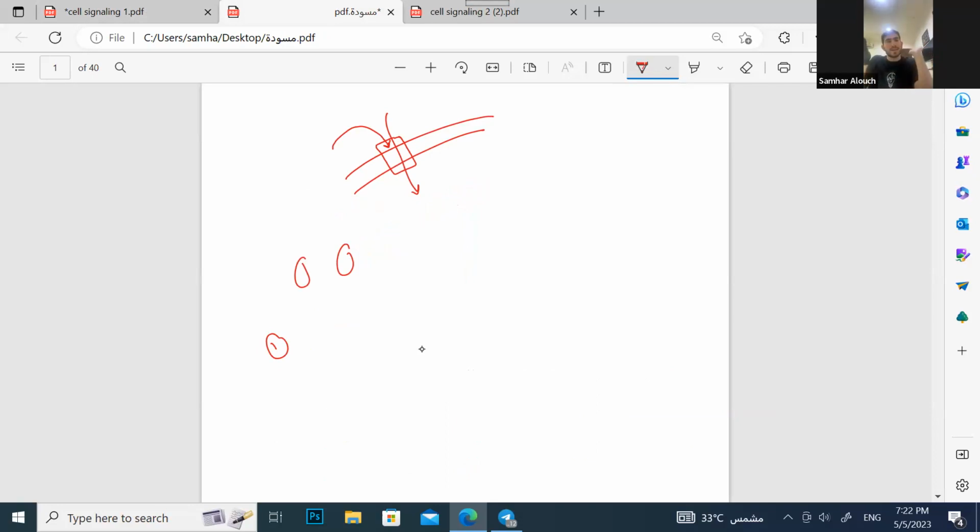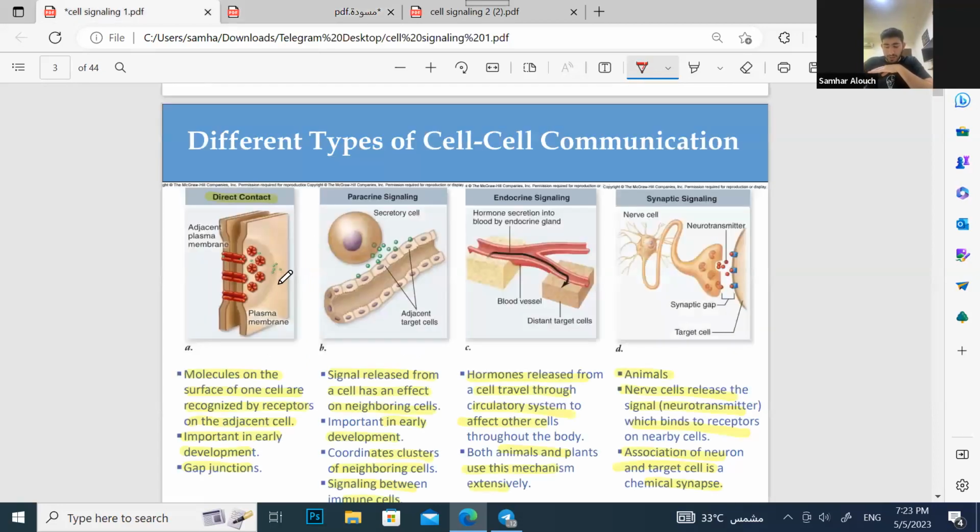There are no signals, it literally touches it. One cell has molecules like this, and the other cell has receptors. The first cell binds to the second cell and attaches to it. This is the first one, direct contact.